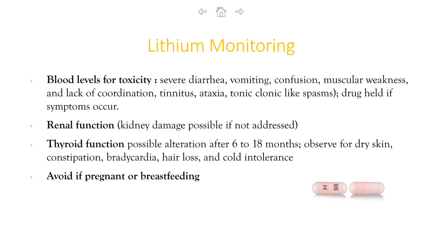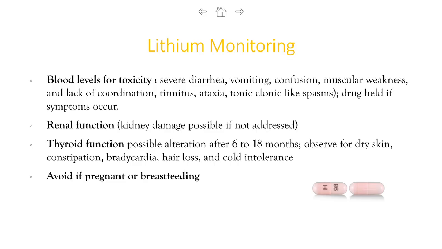If any of these things are happening, lack of coordination, we're going to hold the drug. They don't need to necessarily be hospitalized or anything like that. We hold the drug, draw a level, see where they're at, and adjust the dose as needed.